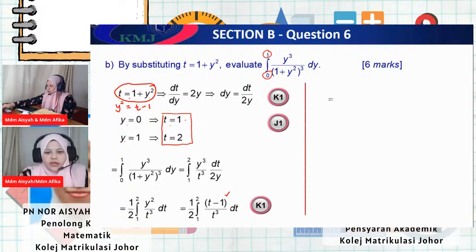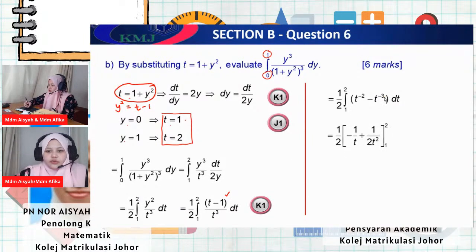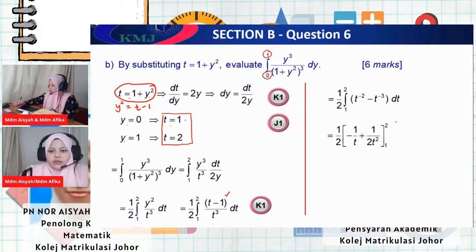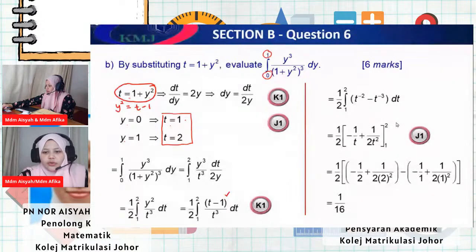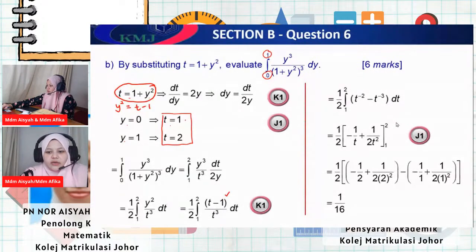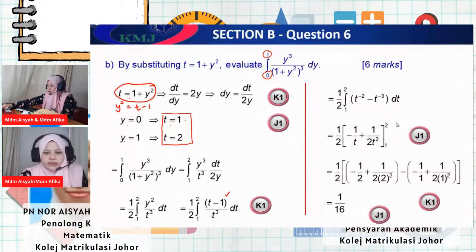So we get K1, and then we just simplify. t over t cubed is t to the power of negative 2. 1 over t cubed is t to the power of negative 3. So we can integrate as usual. t to the negative 2, you get negative 1 over t. t to the negative 3, you get positive 1 over 2t squared. Then we substitute 2 and 1 into the function. So you will get 1 over 16 as the final answer.